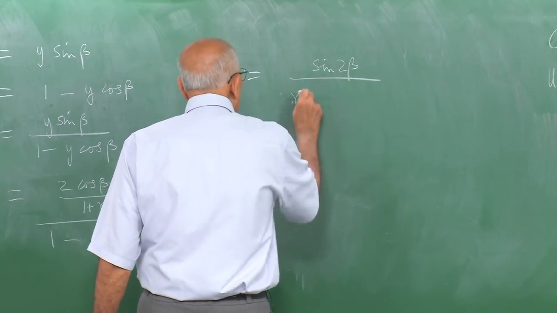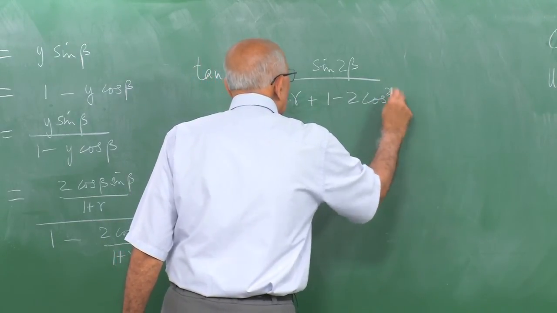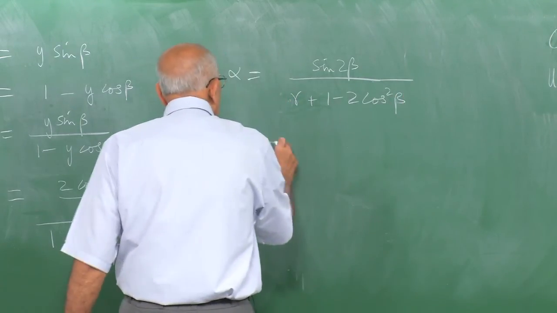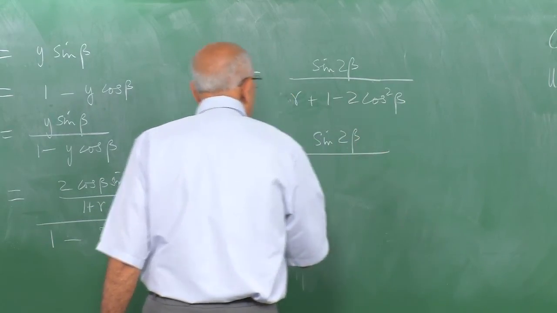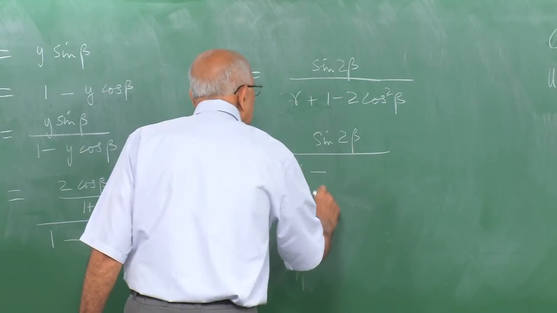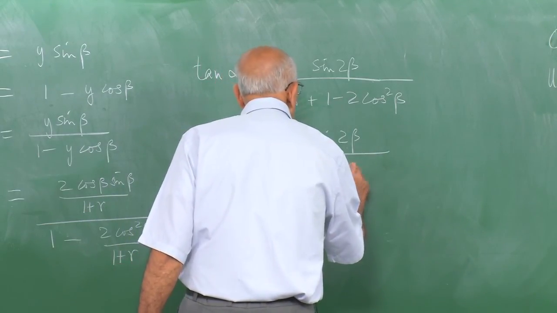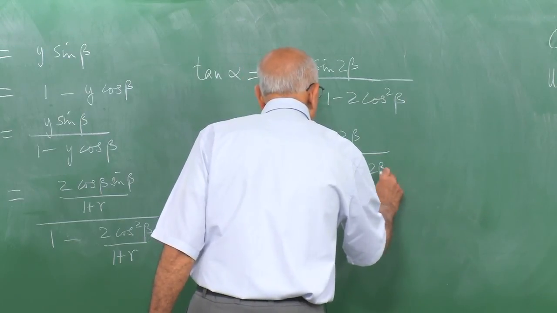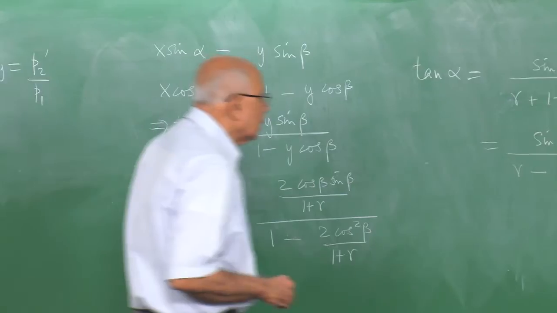So it's r plus 1 minus 2 cos squared beta. This is equal to sine 2 beta over r minus cos 2 beta. So that's the solution.